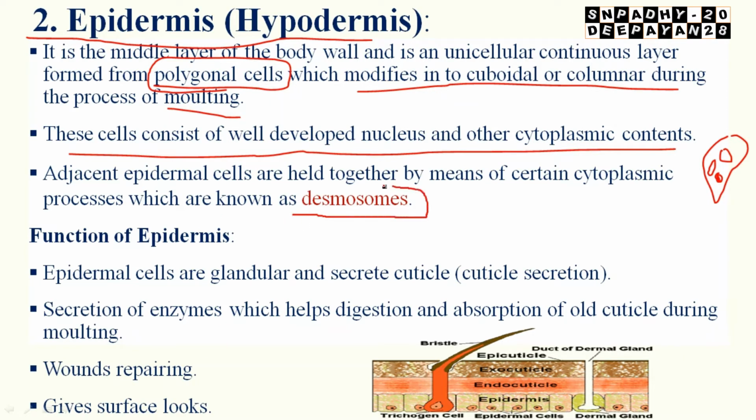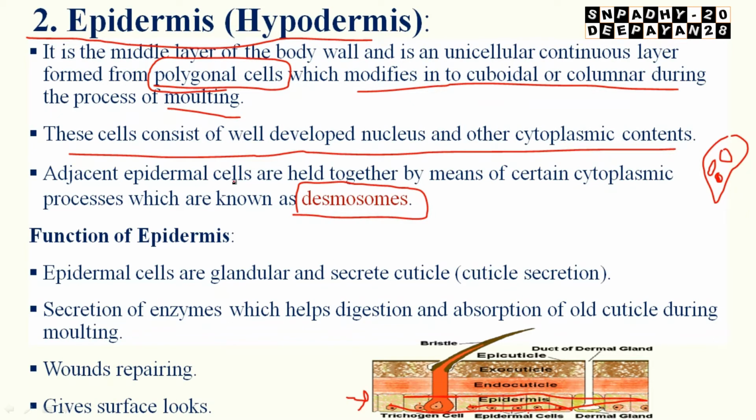Now this one is important. What are desmosomes? Suppose this is the epidermis. Here you see, many cells are there, 1, 2, 3, like this, continuous cells, and these cells are connected with each other.